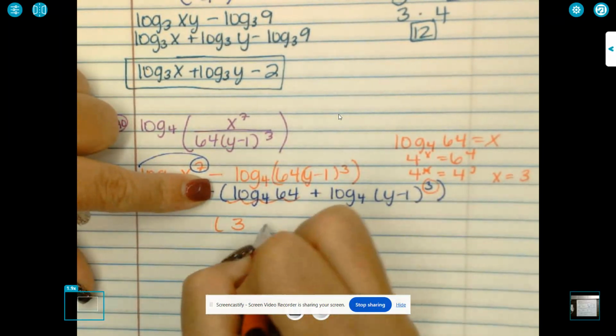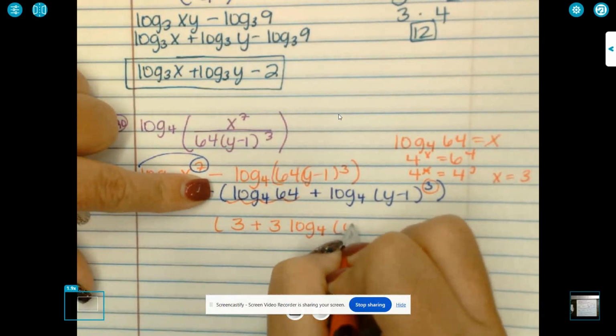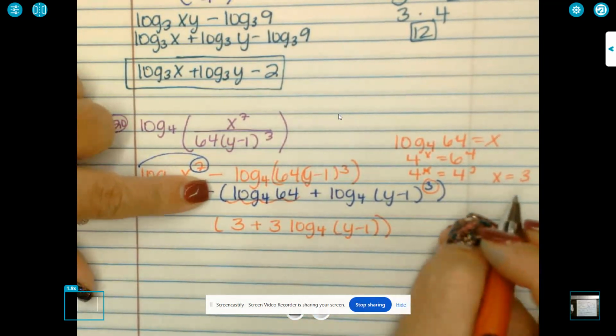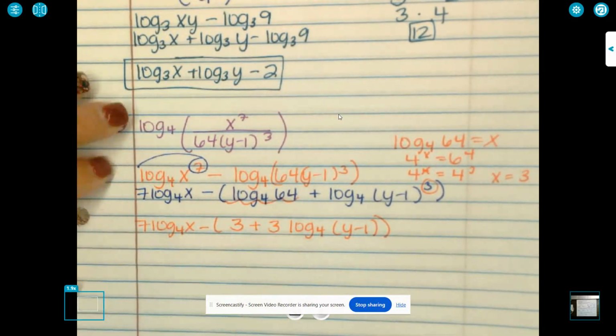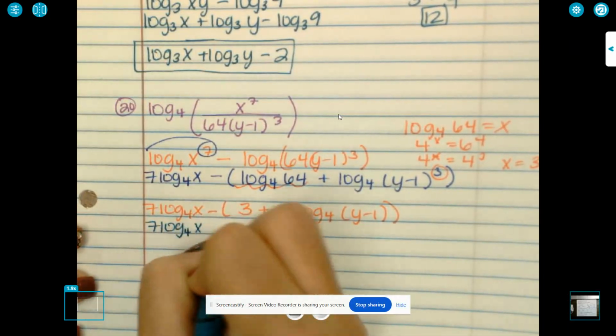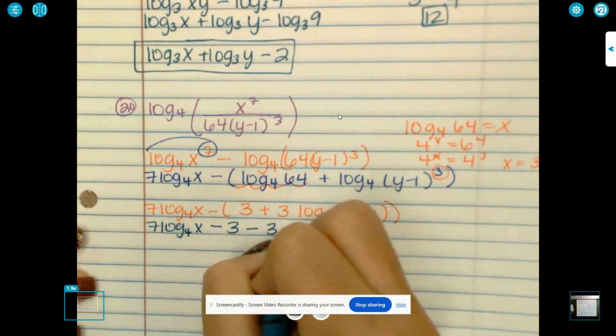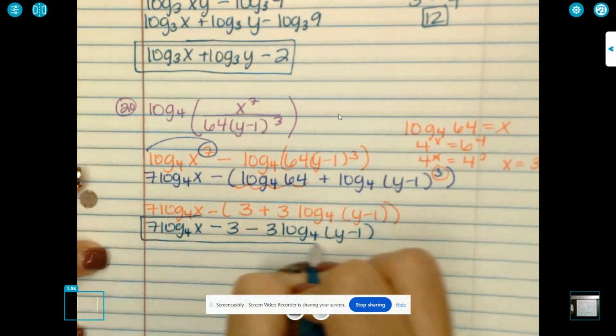Okay, this 3 can come down, so 3 plus 3 log base 4 of (y minus 1). Bring down the minus and the 7 log base 4 x, and now distribute your negative and you're done. So 7 log base 4 x minus 3 log base 4 of (y minus 1).